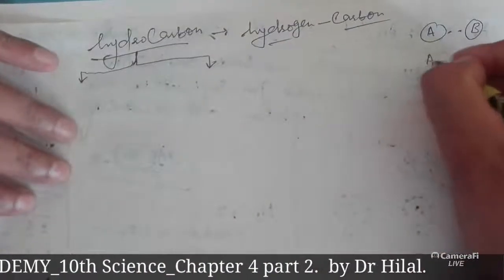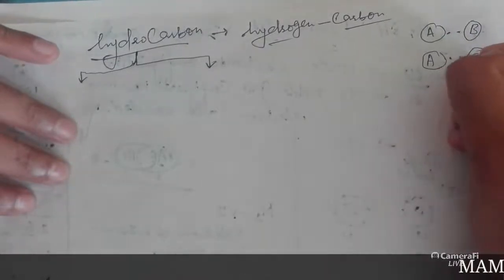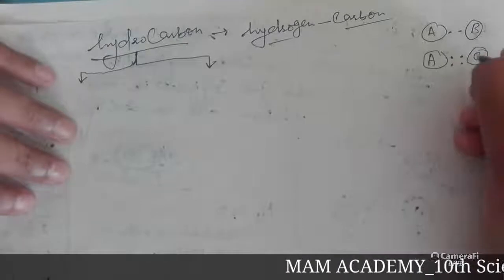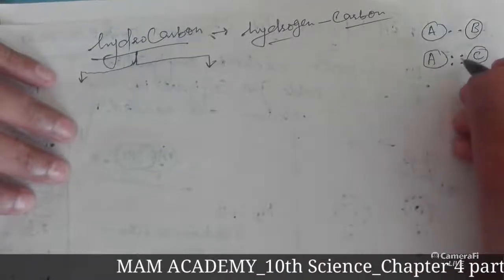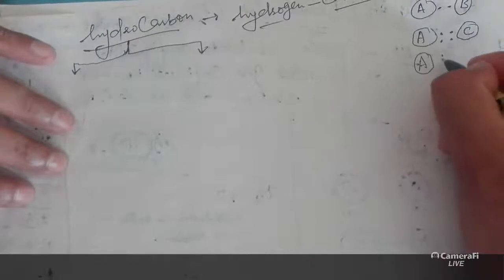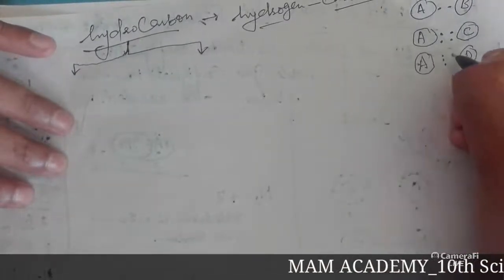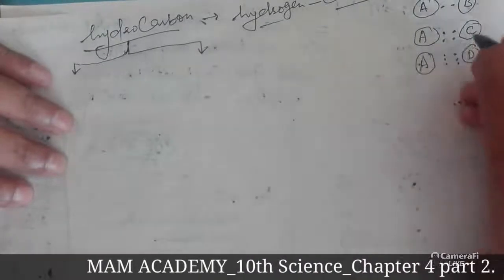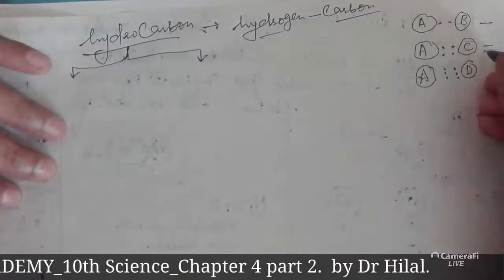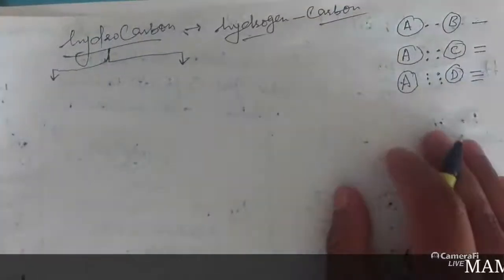When we have atom A and atom C sharing two pairs of electrons with each other, it will be a double bond. But when we have the other case, atom D, for example, sharing three pairs with each other, this is a single bond, this is a double bond, and this will be a triple bond. Okay, so it is easy to understand.